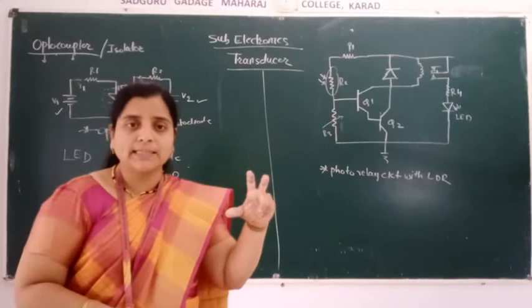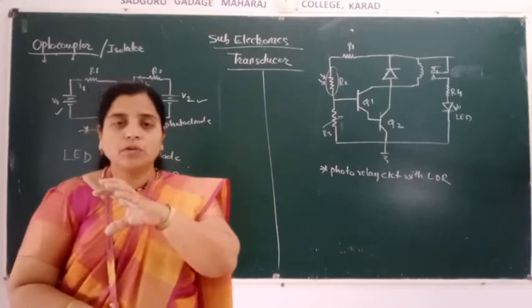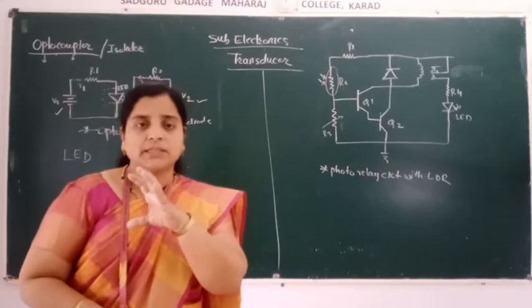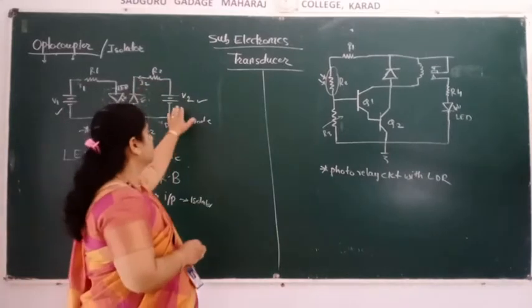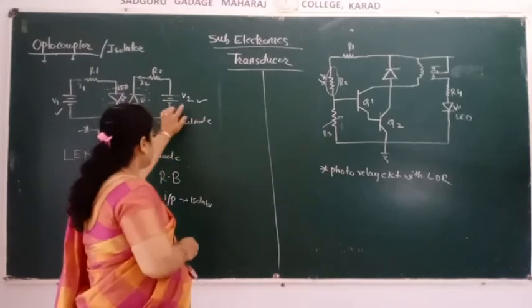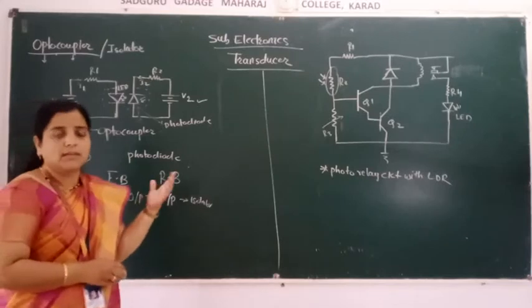If the supply is high, then more light will fall on the photodiode. Then the photodiode conducts, takes the reverse current, and shows the voltage here. So the output voltage depends on the input voltage, therefore it is called the isolator.